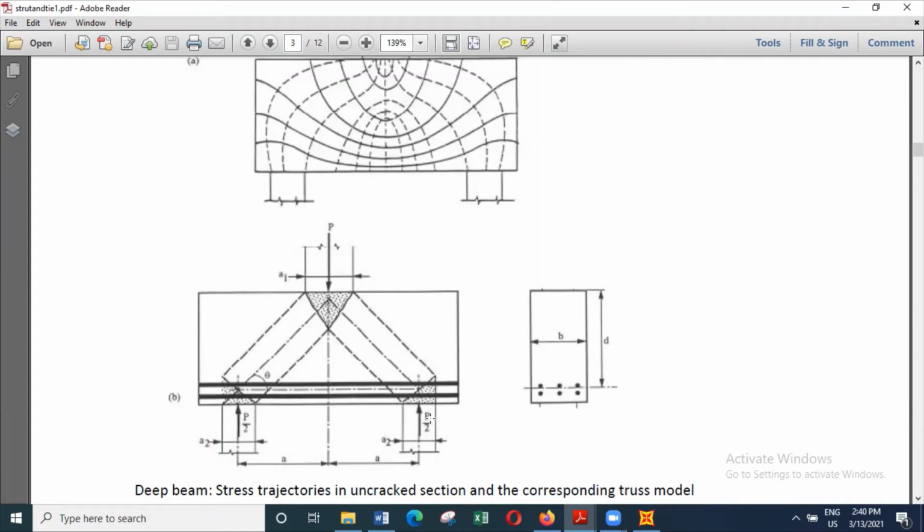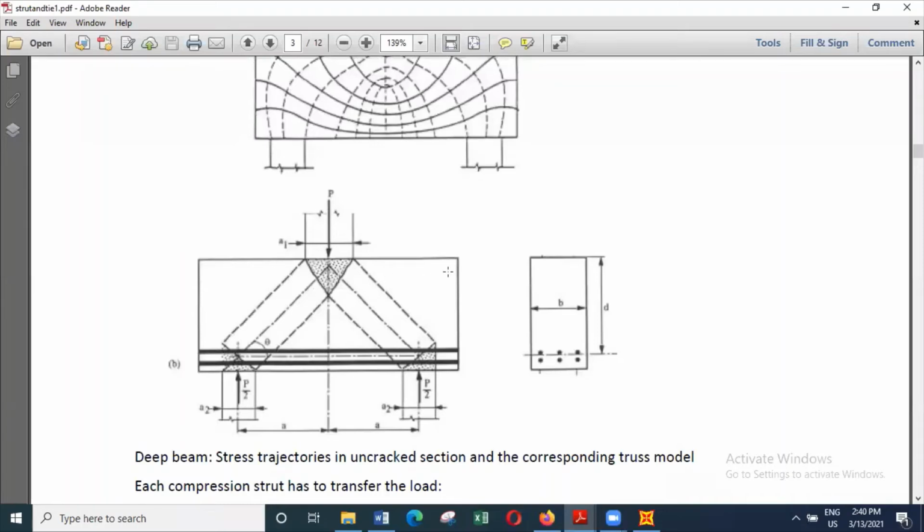So now let's look at this arrangement. And if you look at this arrangement, let's say the thickness of the wall is something like 250 millimeters or 300 millimeters. Then what happens is, here we are applying a concentrated load onto the beam, and it has a bearing area of A1.